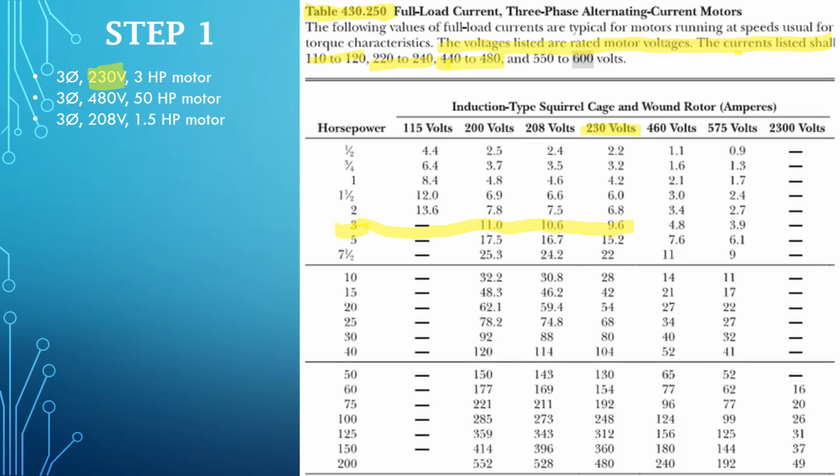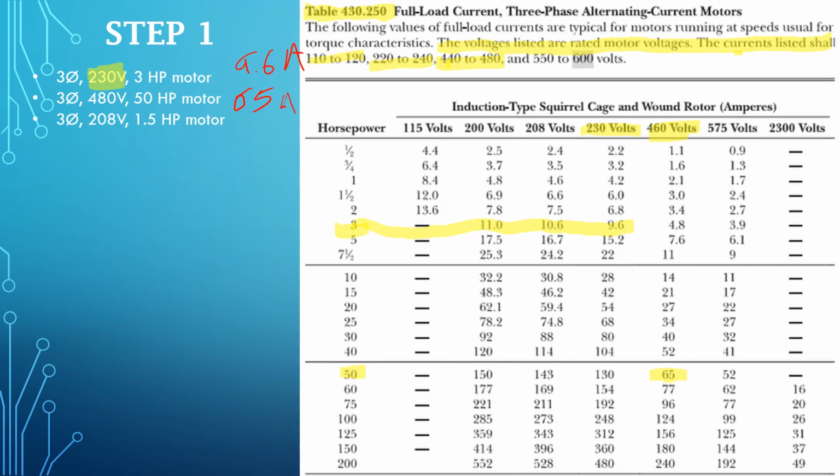So it's listed at 460, but if we have 480, we can use this 460 volt column, and we're going to go down to a 50 horsepower motor. I'm going to look at where those two run together, and I get 65 amps. That 3 horsepower was 9.6 amps.